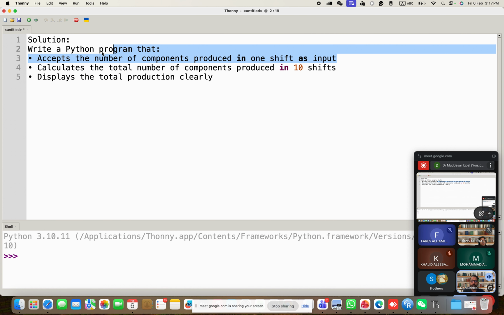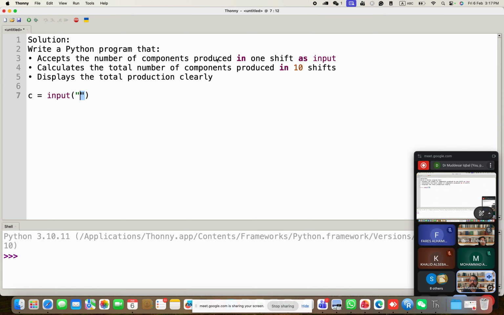What does the first step say? Accept the number of components produced in one shift as input. So I accept the number of components done in one shift. I don't have to write a fancy username. I just say C, as a component input.